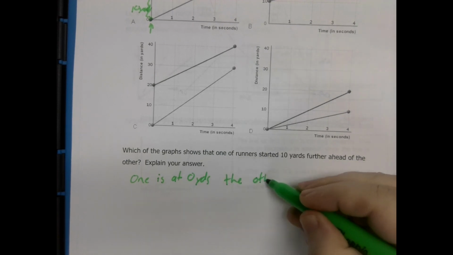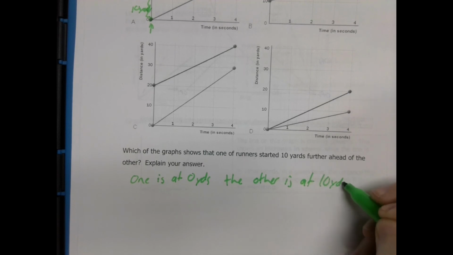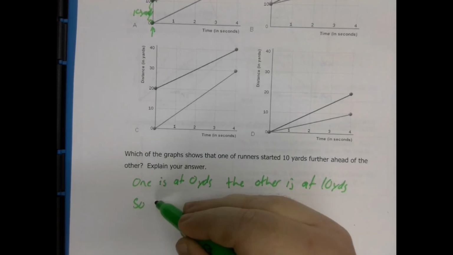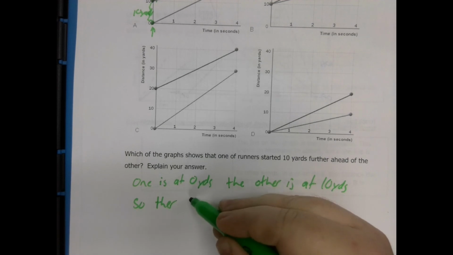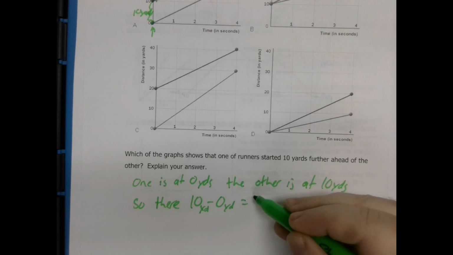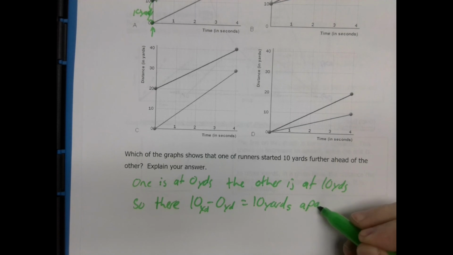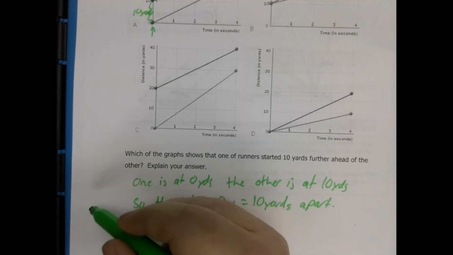The other is at 10 yards. So there is 10 minus 0 yards apart. So 10 yards apart. So A is the correct answer.